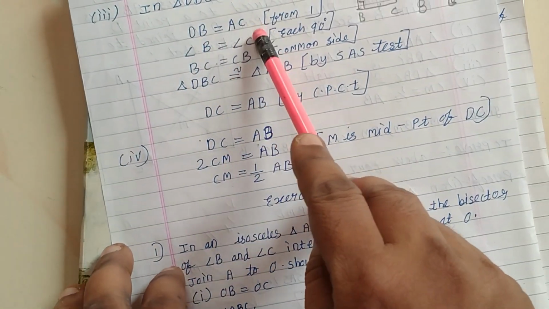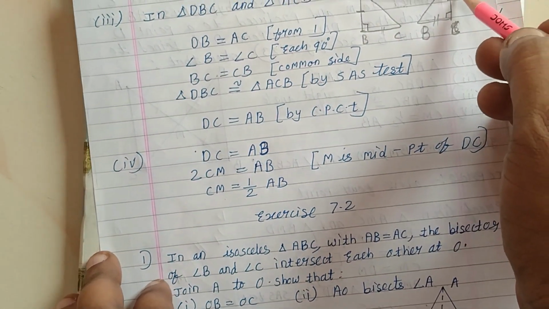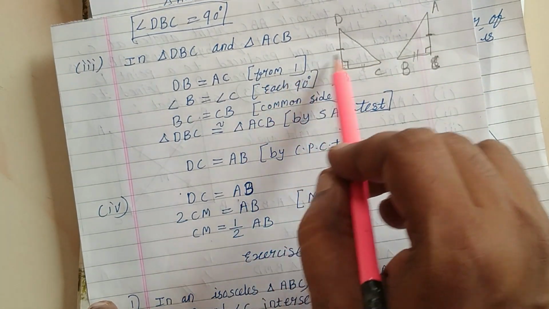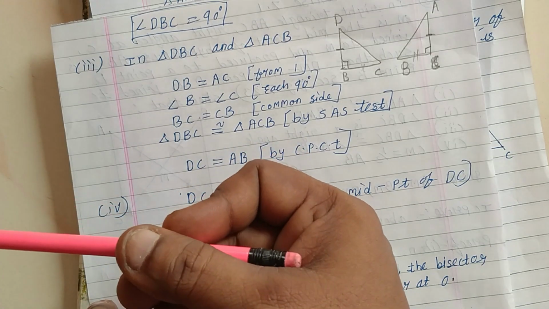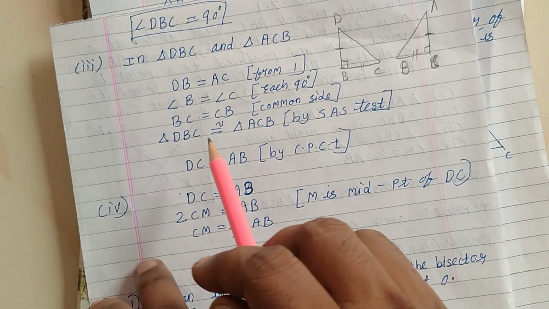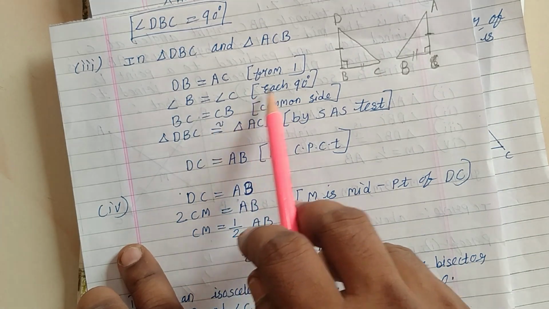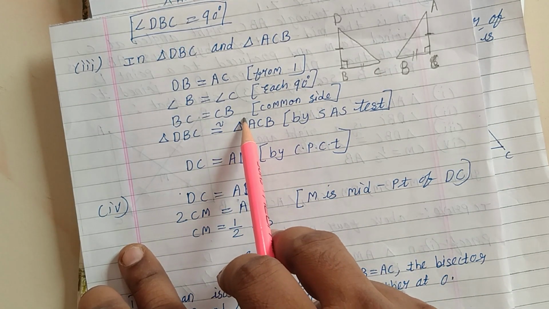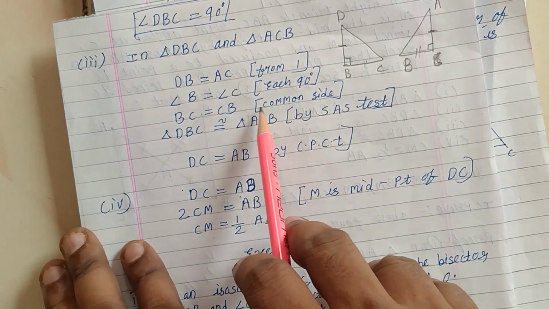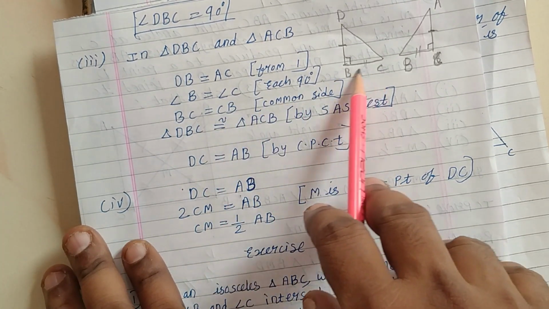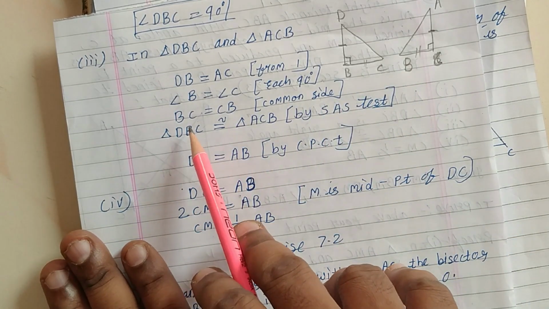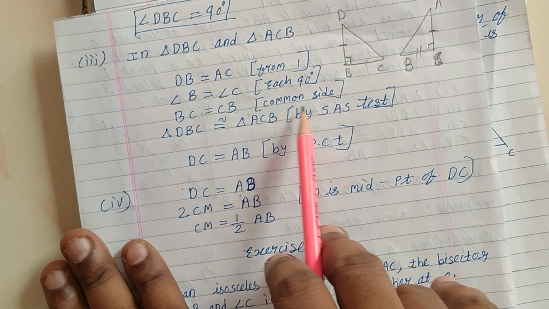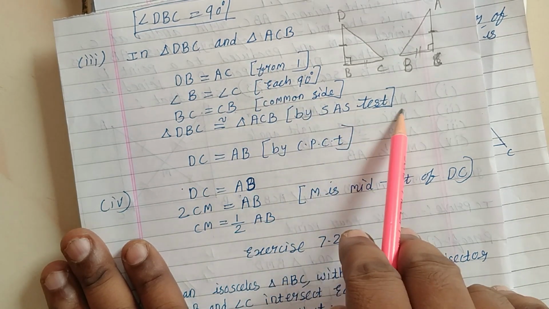So DB will be equal to AC because they are a corresponding pair of congruent triangles of the first point which we proved. Then angle B equal to angle C, each 90 degree. And BC is equal to CB, that is the common side. You can write BC equal to BC, they are the common side. That is triangle DBC is congruent to triangle ACB. हमने 3 एलिमेंट शो किया, so by SAS test.